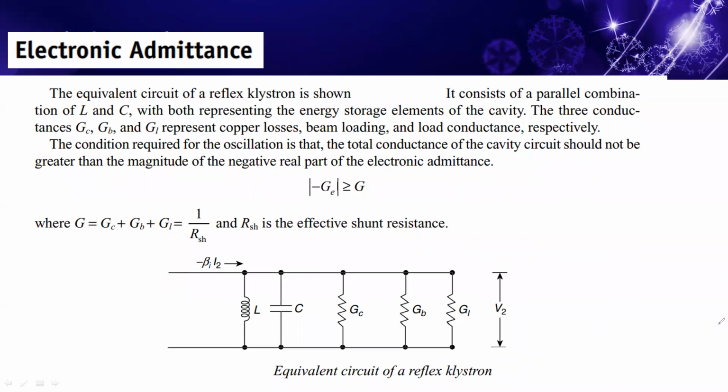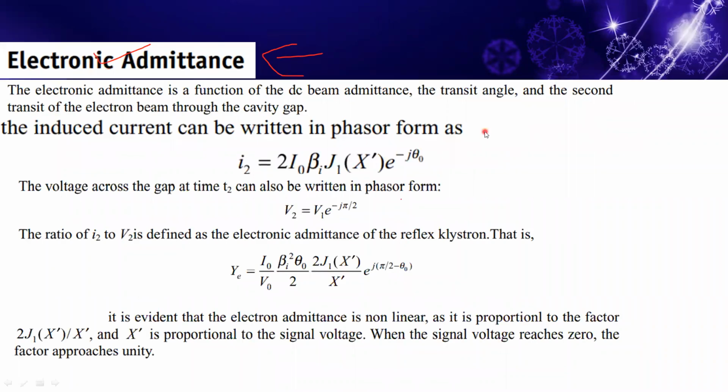Generally, this equivalent circuit lets us find the electronic admittance. Clear? To evaluate the electronic admittance using the previous circuit, the formula is YE equals I2 divided by V2.